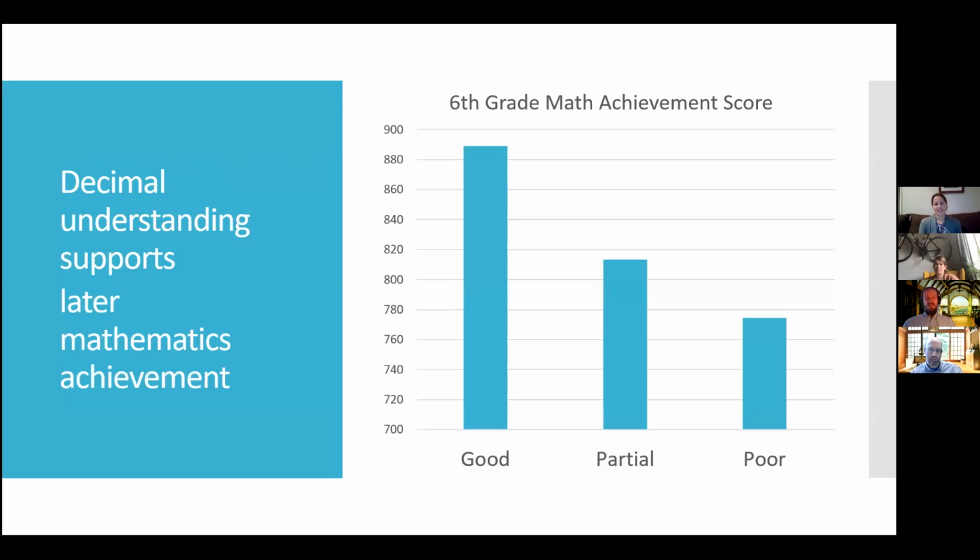So, decimal understanding supports later mathematics achievement. In my table here, I just have the decimal classes, so good, partial, and poor. And the y-axis is their performance on that state standardized test. And so you can see very nicely, clearly, their class membership for decimals is predictive of math achievement.